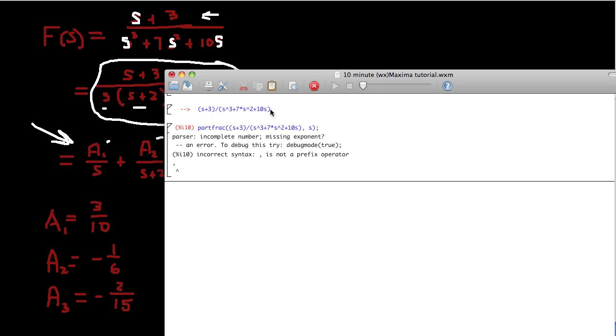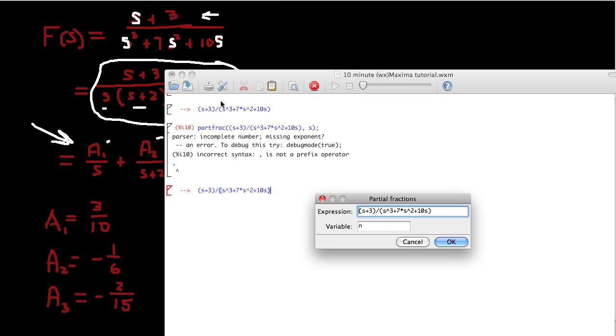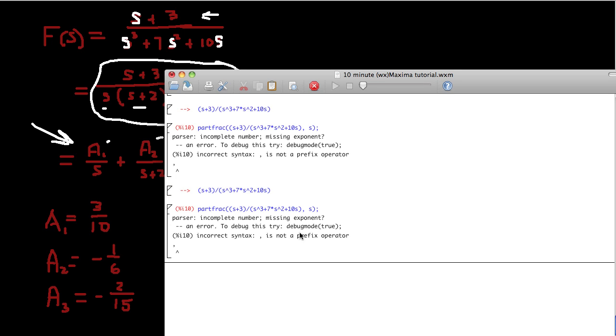I don't know what that error is. Let me try this. Copy. Calculus, partial fraction, s plus 3 divided by s cubed plus 7s squared plus 10s. S, okay. I still get the same thing.